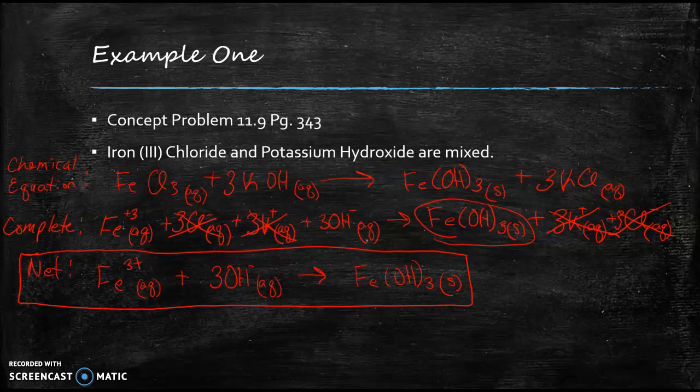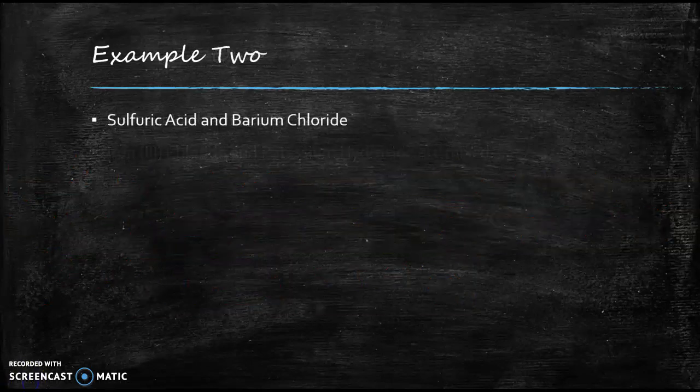Alright, we're going to do another example together. We have sulfuric acid and barium chloride. We haven't gone over how to name acids quite yet. So, for sulfuric acid, we know that it's an acid, so it's going to have a hydrogen at the front. We get this ending of ic from the ending ate, and we pull that sulf from there too.